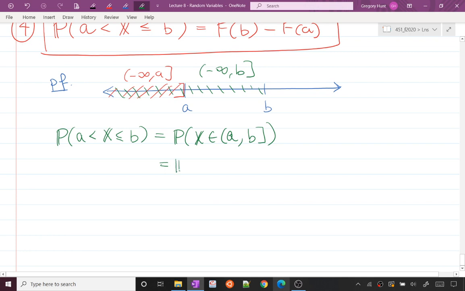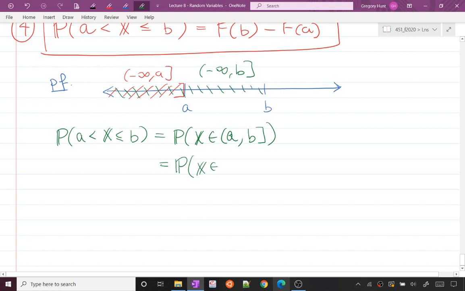I could write this as, you can justify some of the intermediate steps here, but it's basically like the set difference between these. It's basically saying x is in the bigger set minus the smaller set.